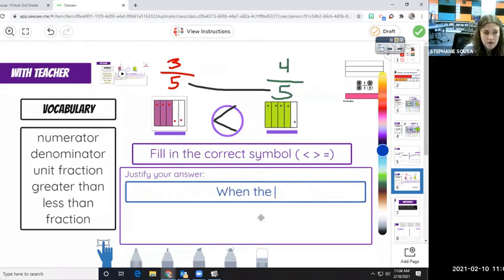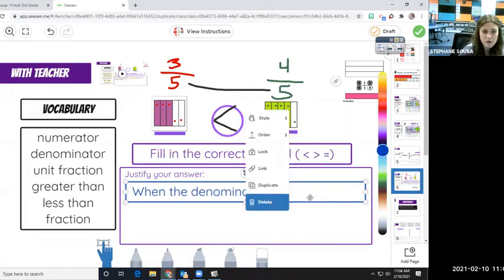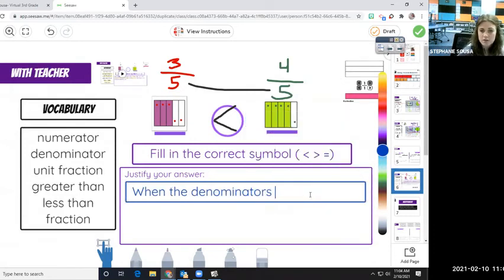When the, and look over there, denominators, when the denominators are the same, I'm typing, you're typing.